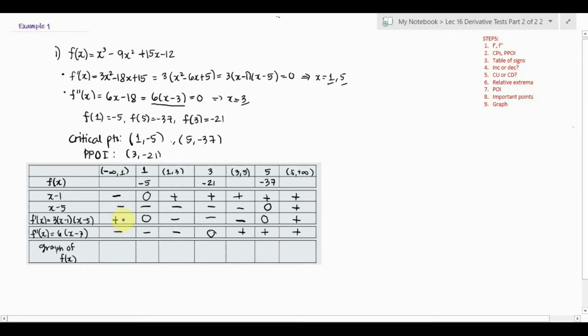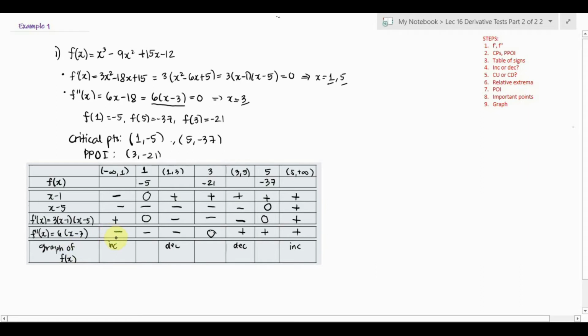So, at negative infinity to 1, you have positive. So, this is increasing. At 1 to 3, you have negative. So, we have decreasing. At 3 to 5, we have negative. So, that's decreasing again. And at 5 to infinity, it's positive. So, increasing. Okay? So, kung concave up or concave down naman, we look at the second derivative now, the signs of the second derivative.